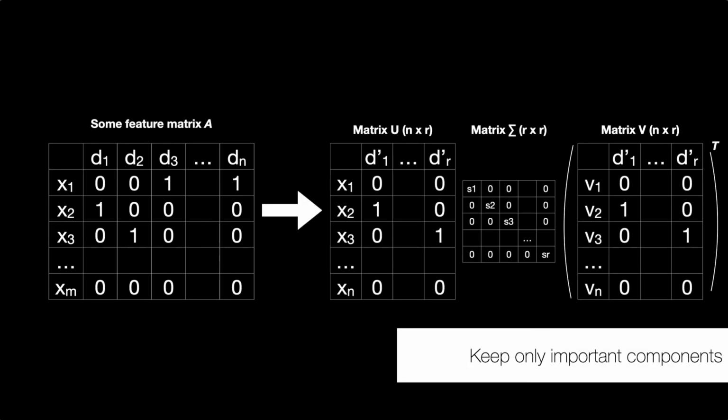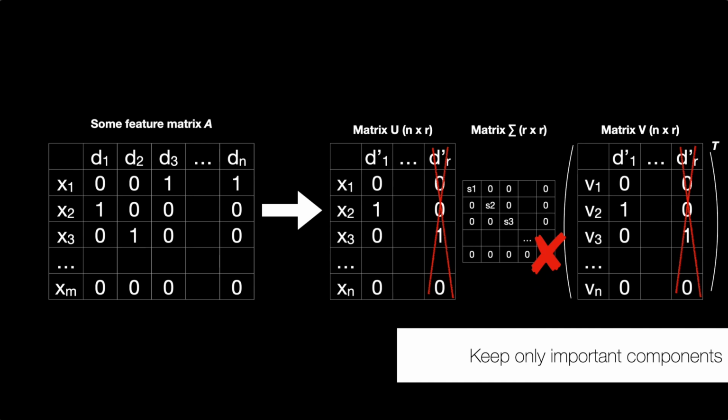Just like with PCA, where we said we want the 2 components that have the highest variation, here we can do a similar kind of thing and say we want the top K components from SVD that capture the most variation. To do that, we can just set this S sub R value to 0 in this diagonal matrix, which has the effect of zeroing out these other rows and columns of the U and V matrices.